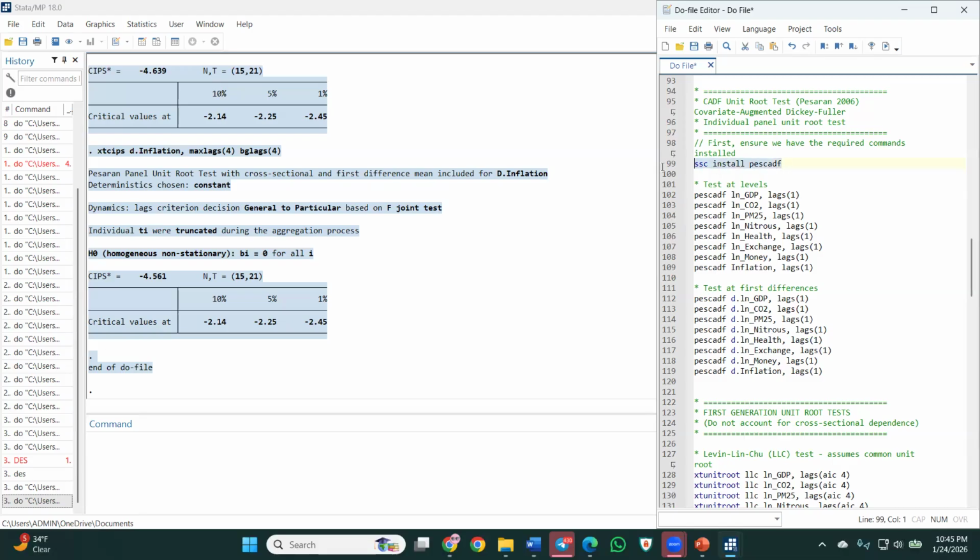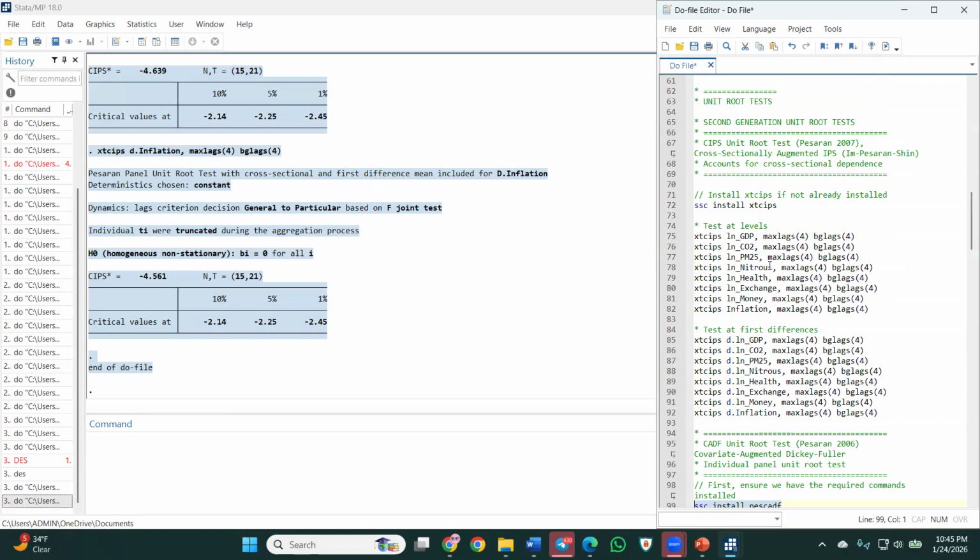So you can install the PESCADF. The PES is Pesaran, so Pesaran CADF. That one too, I'm using lag 1. And as I said, all my lag selection is based on empirical literature. You can also do that.